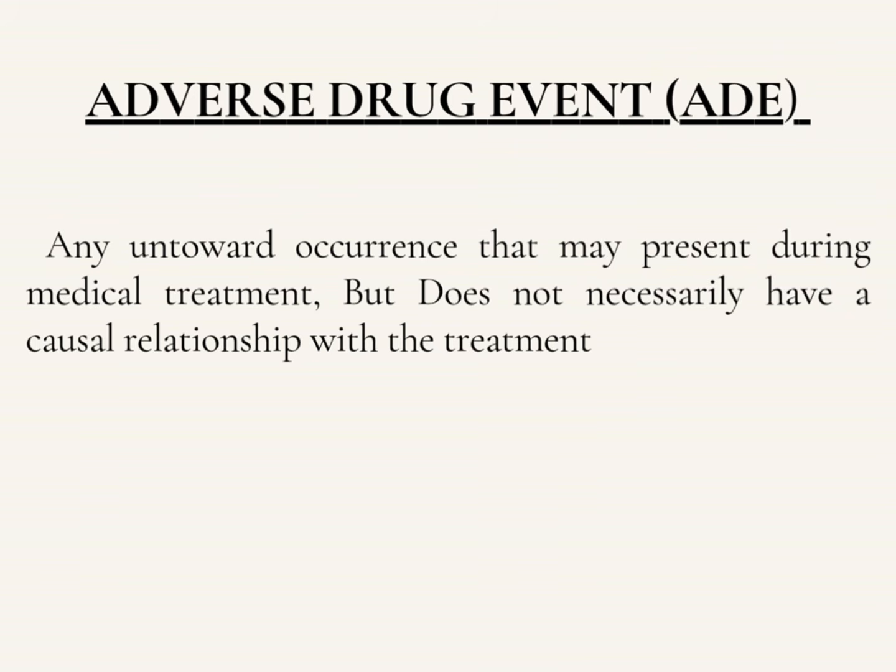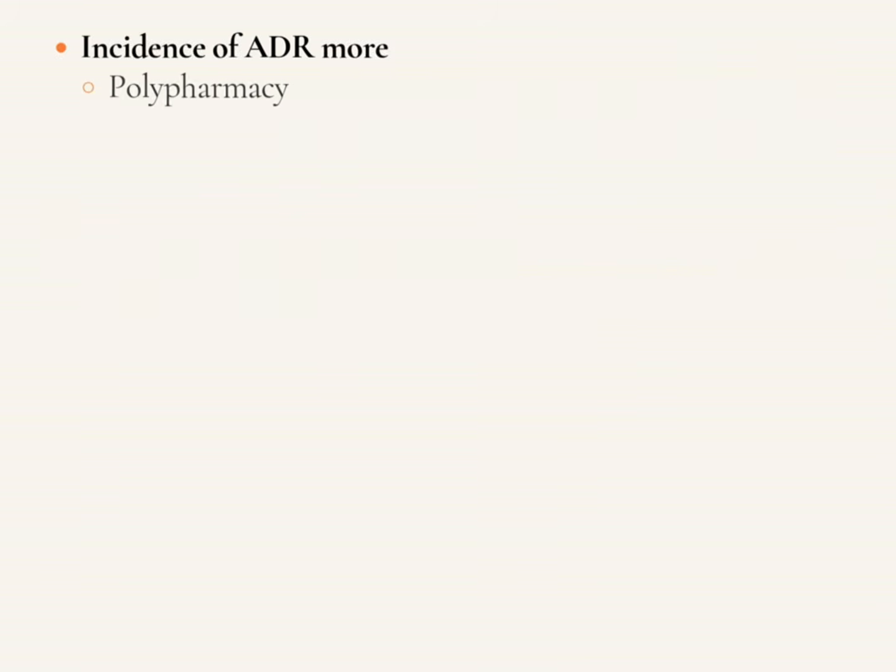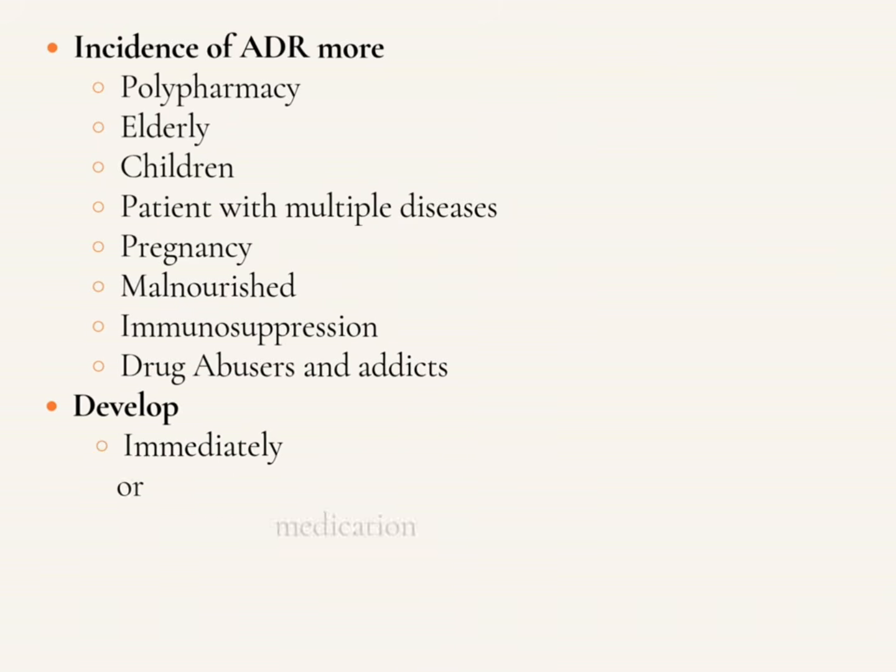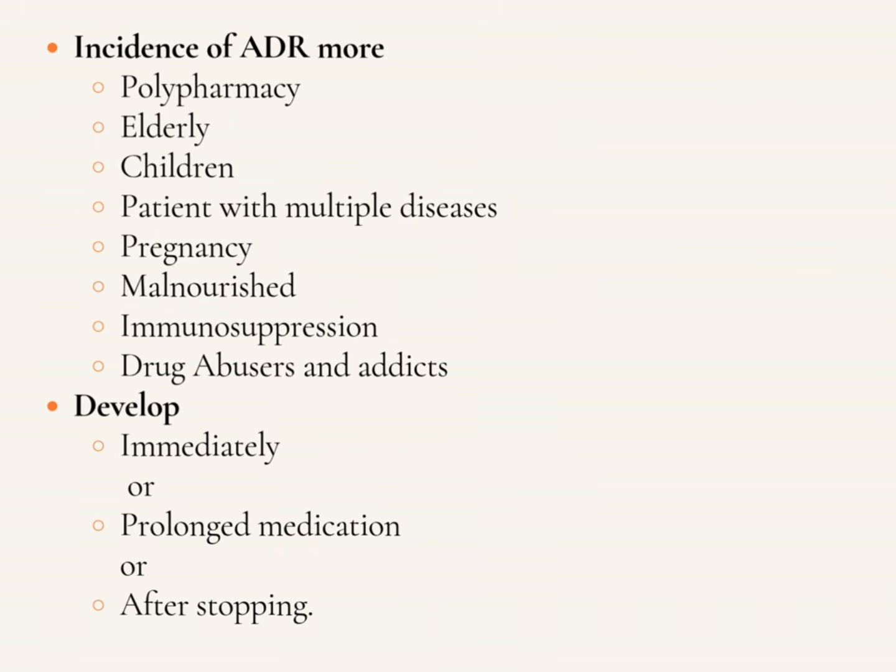This next slide explains the factors that increase the risk of developing ADRs. Certain patient groups are more vulnerable. These include elderly patients because their liver and kidney functions are reduced. Children are also at higher risk because their organs are still developing. Patients taking multiple medicines, known as polypharmacy, have a greater chance of drug interaction.